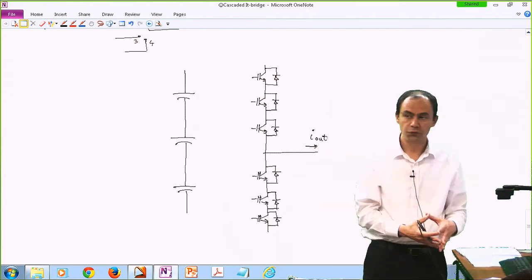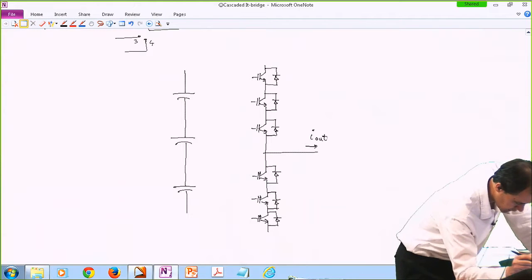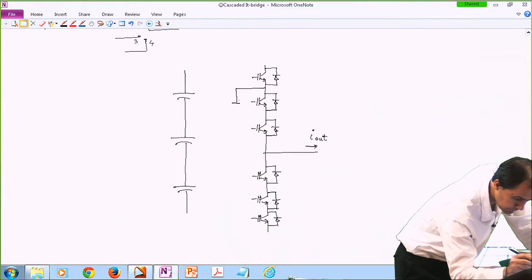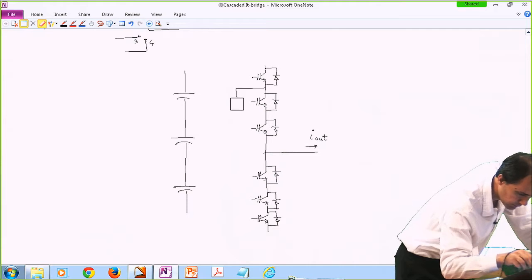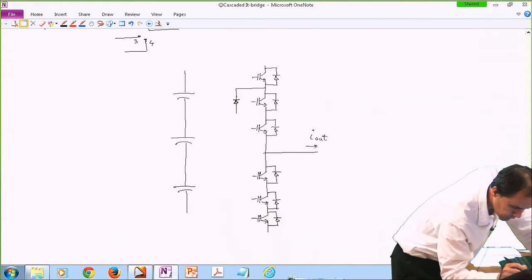Then we have to use 4 other diodes, which are the clamping diodes. So one diode is here. Let me draw it a little bit higher. And then there's a diode here.